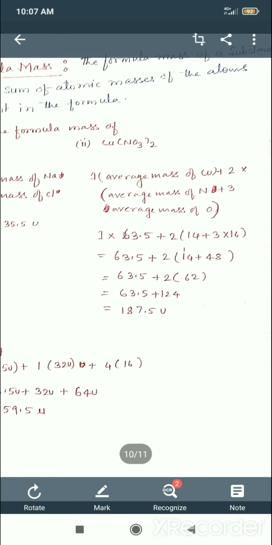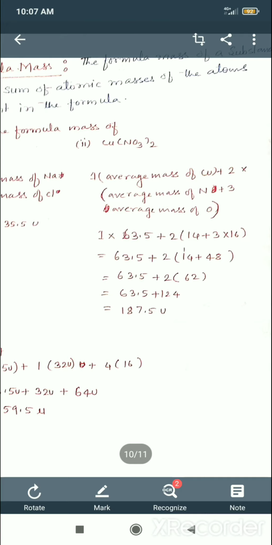So 1 for the copper, 2 for the nitrogen. You have to take the 3 oxygens first, and that is finally multiplied by again 2.